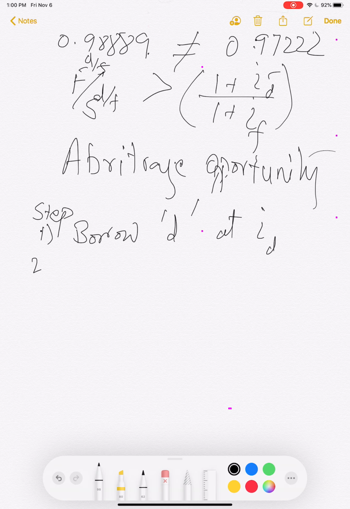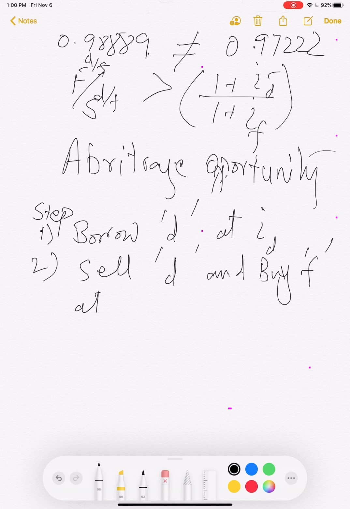In the second step, right away we will sell this D unit which we have borrowed and buy the F units at the spot rate. And what was the spot rate? Whatever spot rate is given, that is the spot rate you will be using, right?